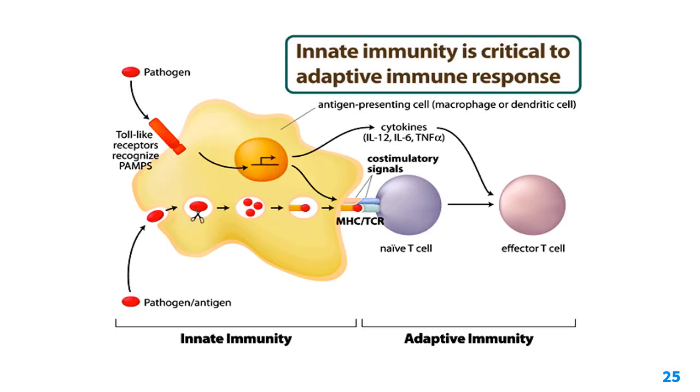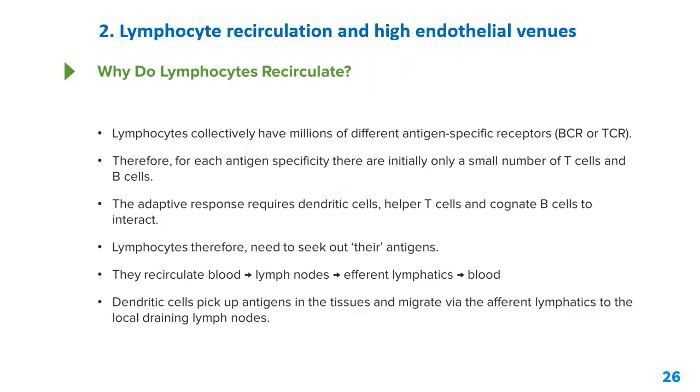Let's keep track of what's happening. You have your antigen and your professional antigen presenting cell interacting with the T cell receptor. You have co-stimulation, and now you're going to have production of certain cytokines. They're going to tell your effector T cell to behave a certain way.